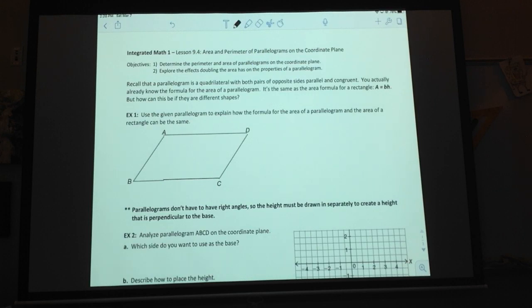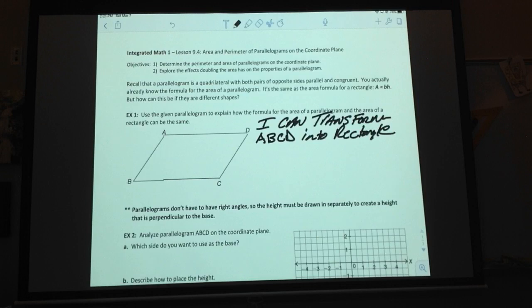I can transform parallelogram ABCD into a rectangle, and I'm going to call it ADEF.